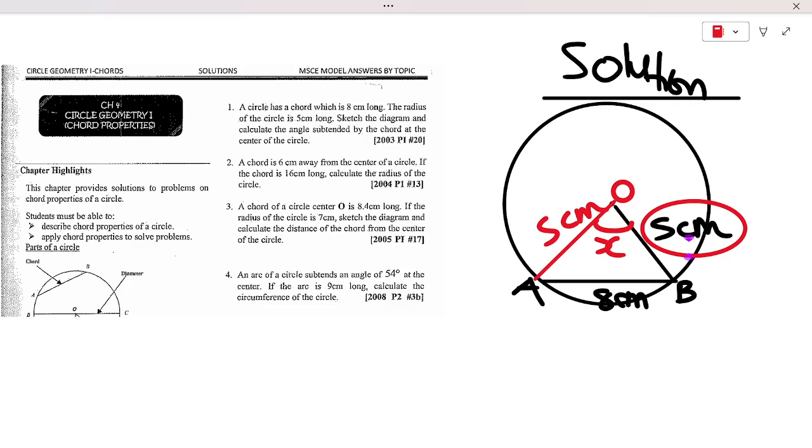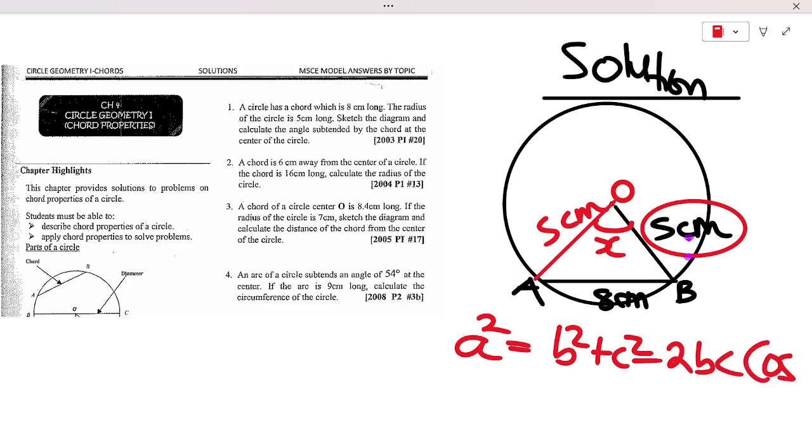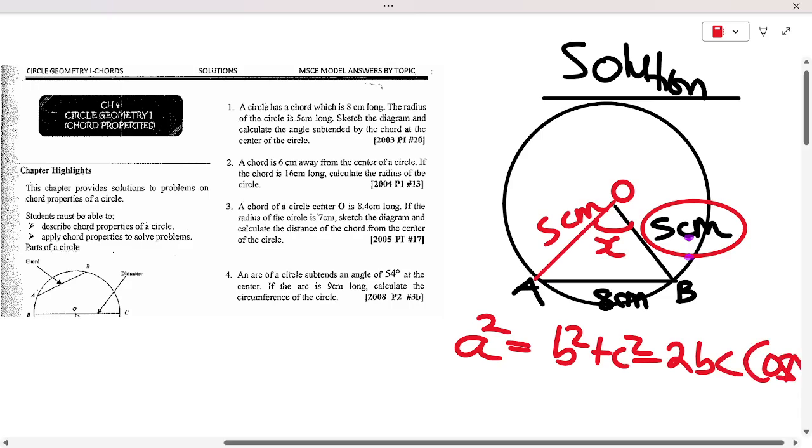If you can remember the cosine law, try it, but for the sake of others, we can just sketch it as it is. Of course, you can have a squared equals b squared plus c squared minus 2bc cos A.